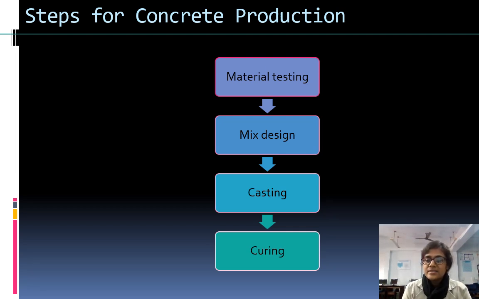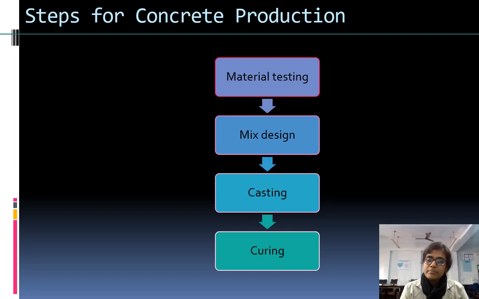So material testing is a very important component, right? Once we are done with the material testing, we get the properties like specific gravity, water absorption, all the important properties which are required to do a proper mix design, which we will see in the later part of this subject.